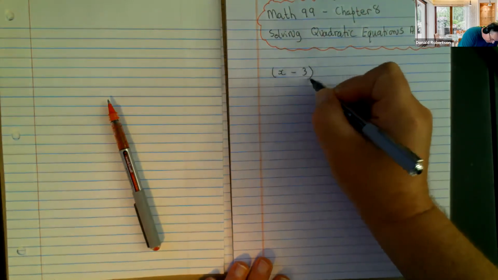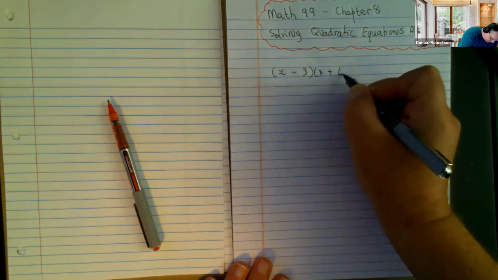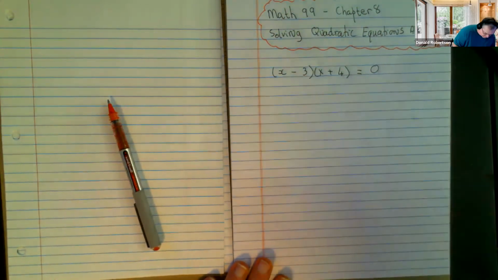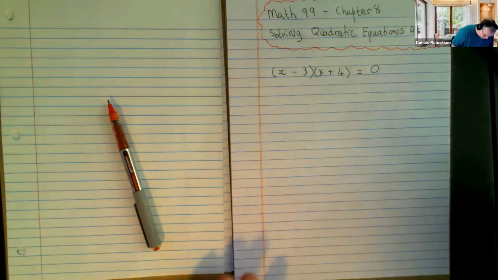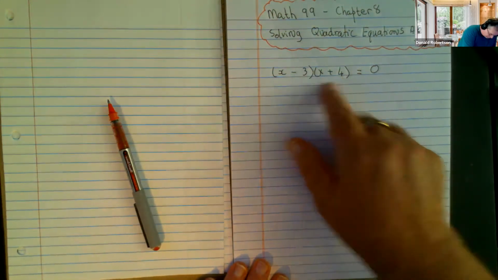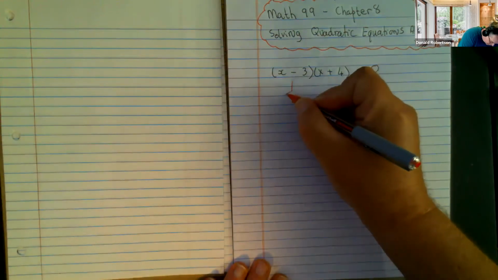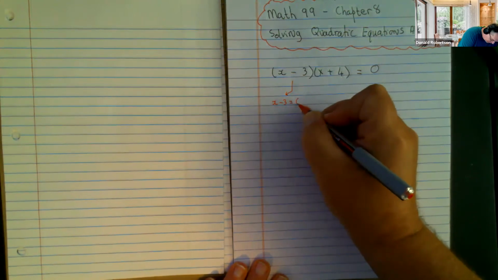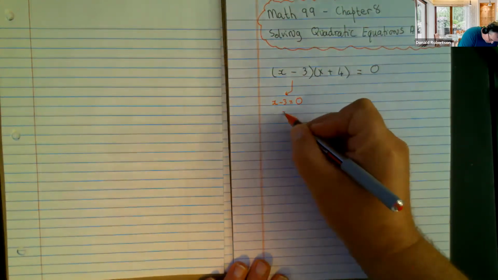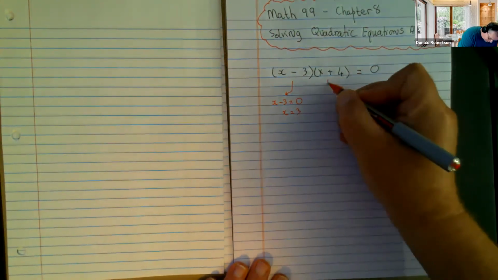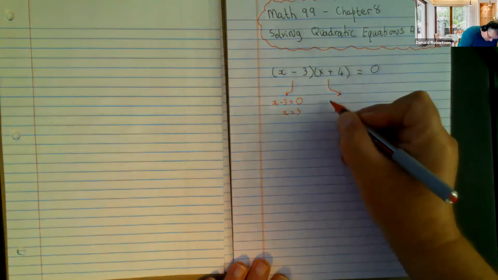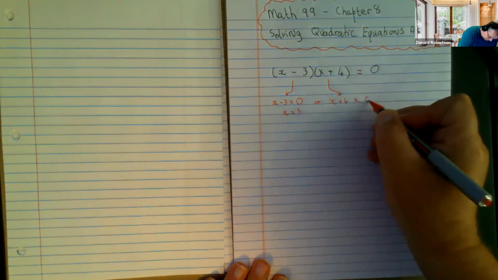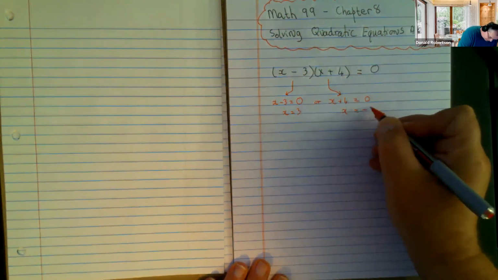If you have a quadratic equation that is already factored, and you're trying to solve quadratic equals 0, which is the most common version that you should do, this and this are called factors, and all you need to do then is find the value of x that makes this factor equal to 0, which is simply 3, or the value of x that makes that factor 0, in this case -4.